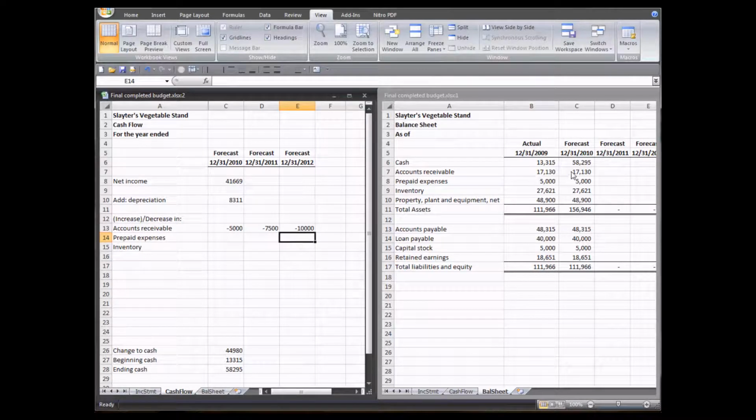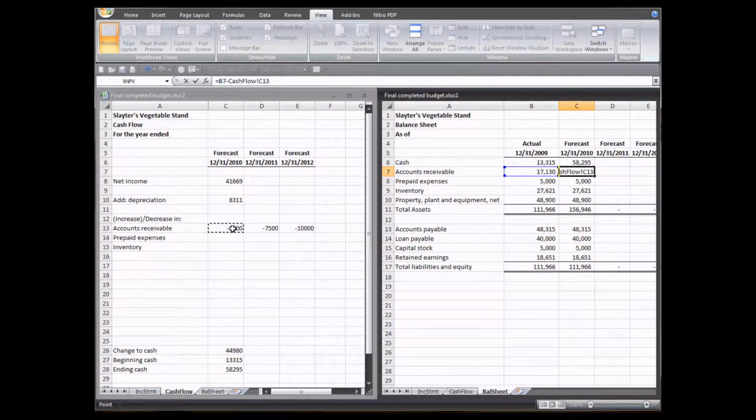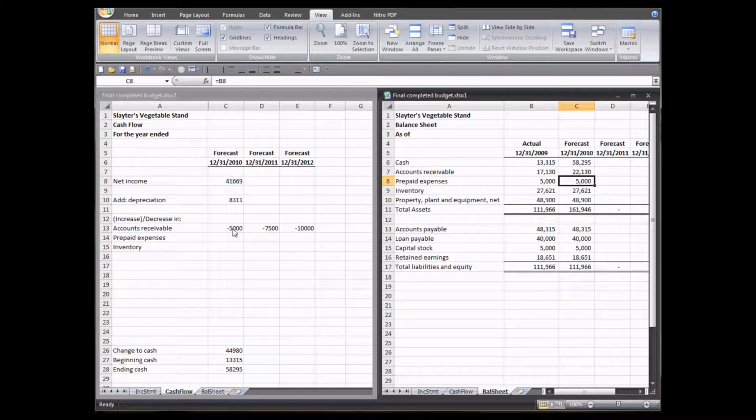So over here, I want to go to my accounts receivable, and modify this formula to not just look at the prior year balance, but also take into account this cash flow item.